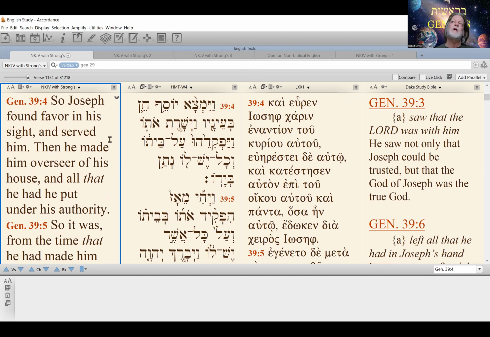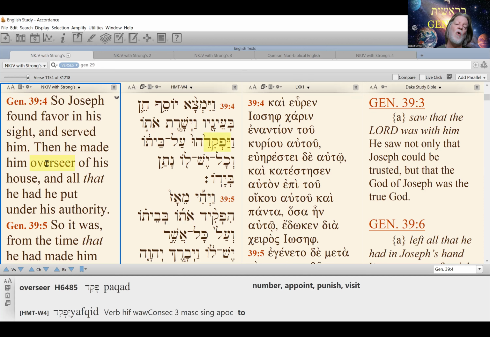He's not only observant, and he not only comes to the proper conclusions based on what he's observed, but he makes use of that situation for his own benefit. And there is nothing wrong with doing that. So then Potiphar made Yosef overseer of his house.